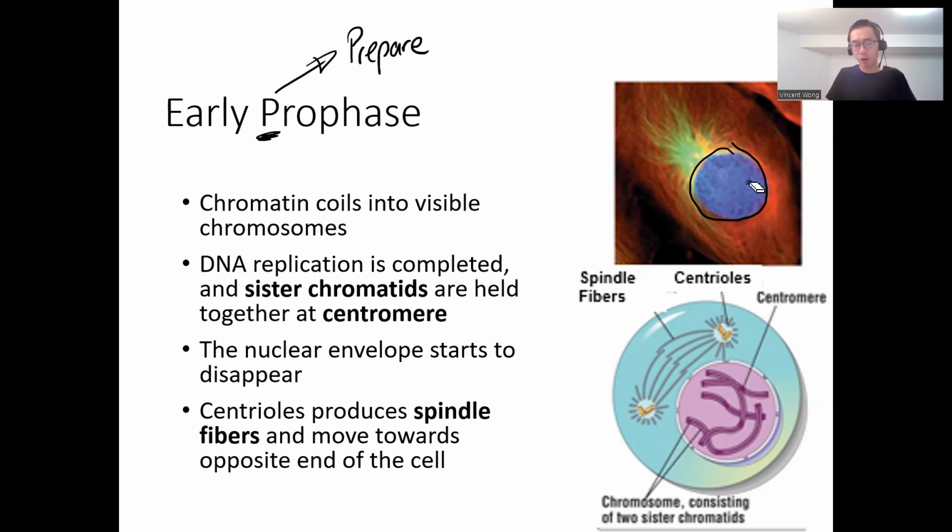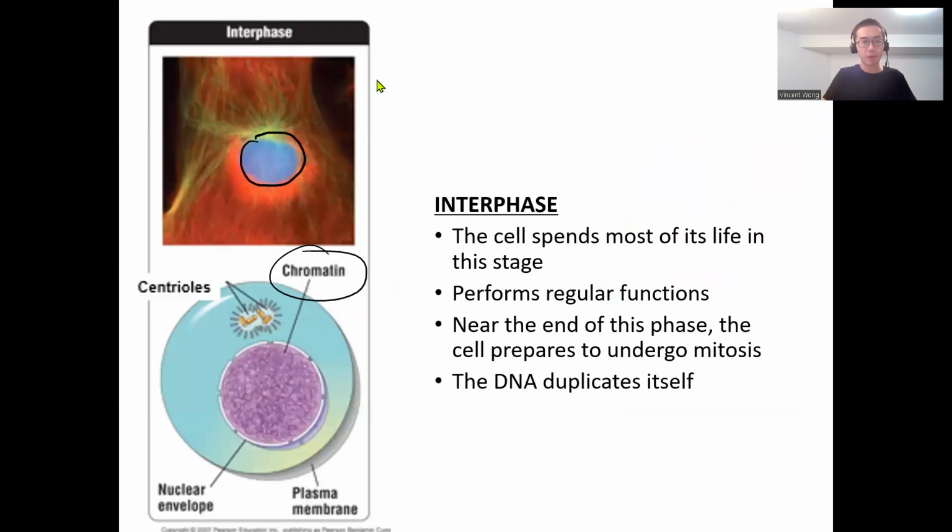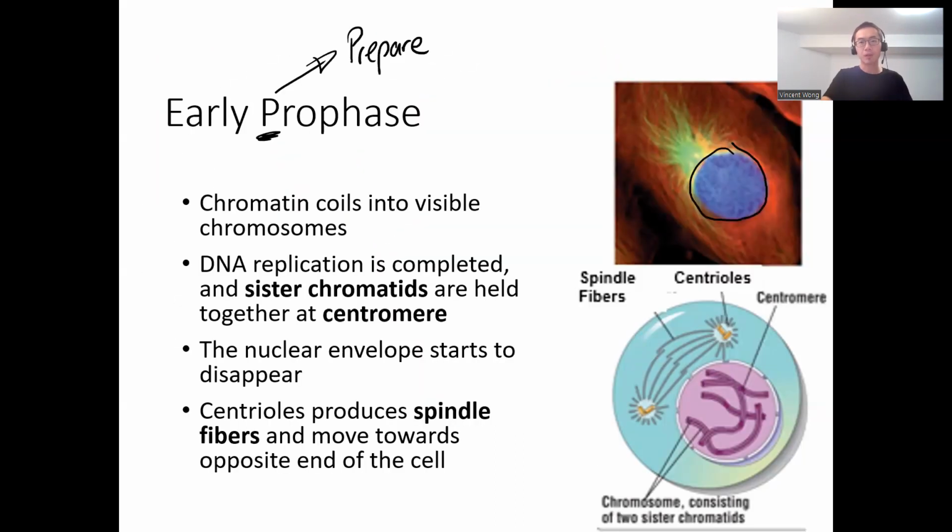They are certainly more pronounced here than before. Look here, I can't even make out the outline of the chromosome because they are not condensed yet, and over here, it's starting to become more obvious. So DNA replication is completed. The sister chromatids are held together at the centromere.